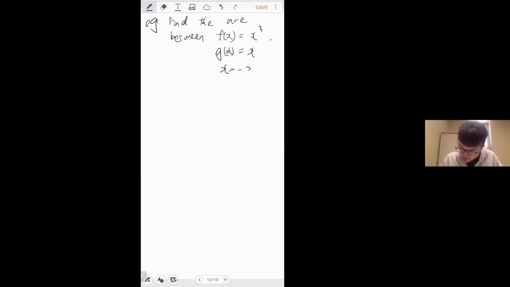Let's do a slightly more complicated example. So find an area between the following curves. f of x equals x cubed, g of x equals x, x equals negative 2, and x equals 1.